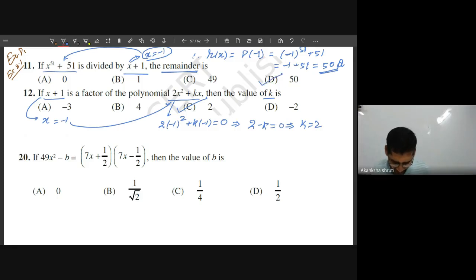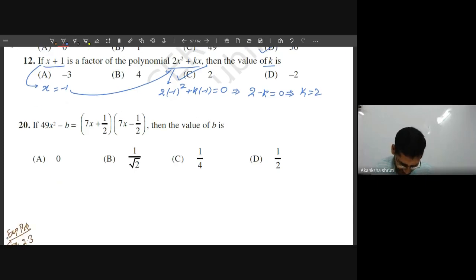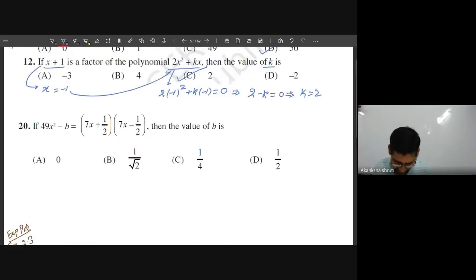Now coming to question number 20. Here, whatever is given is 49x square minus b. Okay, student, how can I simplify this?